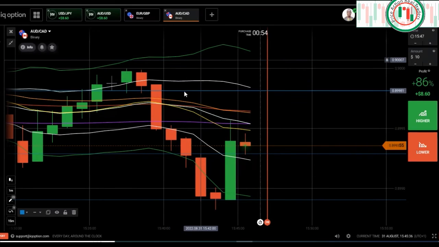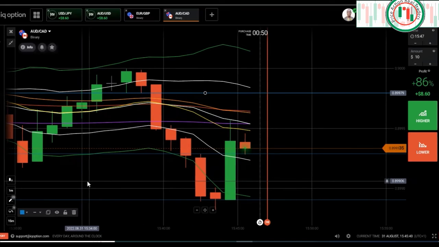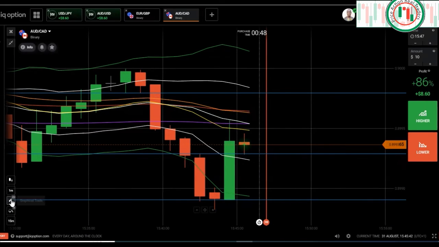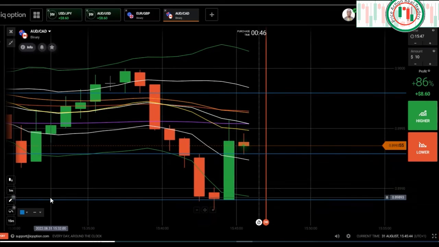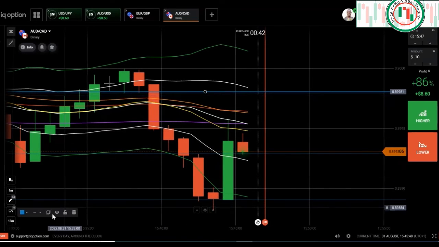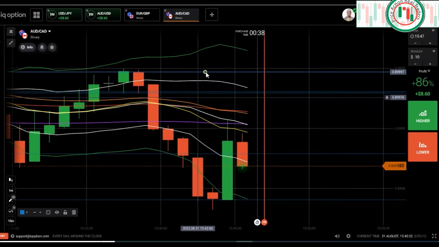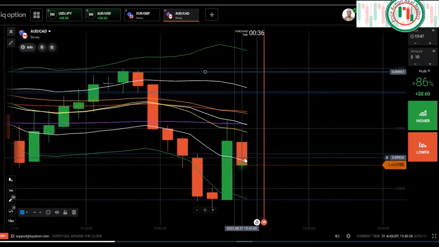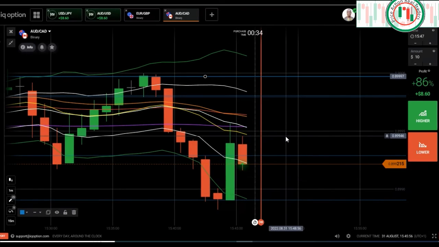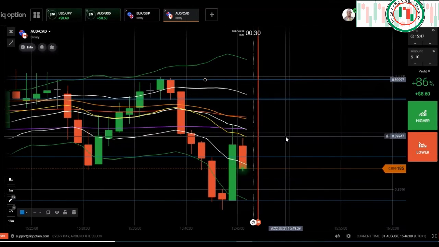And here you see as well, this is the zone as well. You see here, you see the market is reversing. As I have told you, ranging mode is very dangerous.